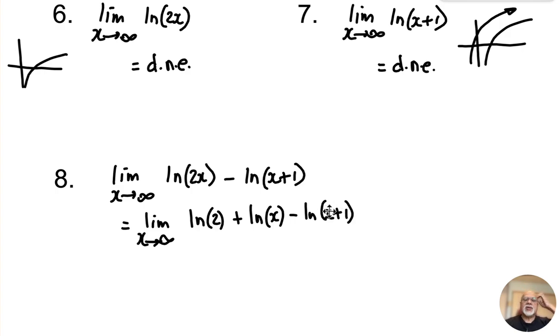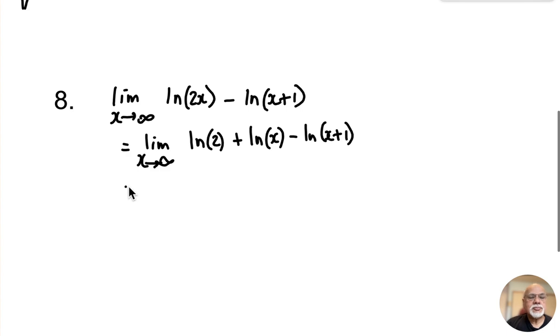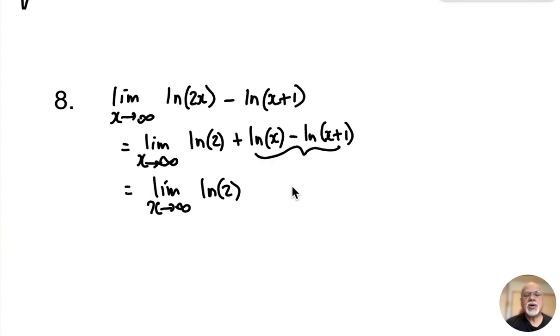That's just using the properties of lns or logs. Then this becomes the limit as x goes to infinity of, and now I can put the ln x minus ln of x plus 1 together using the properties of logs and write that as the ln of x over x plus 1.